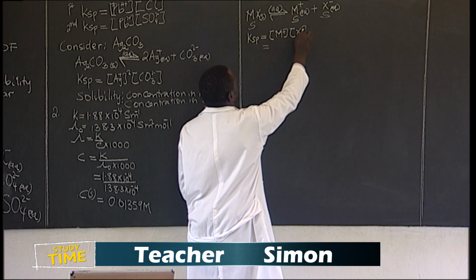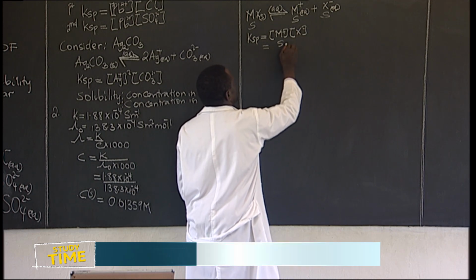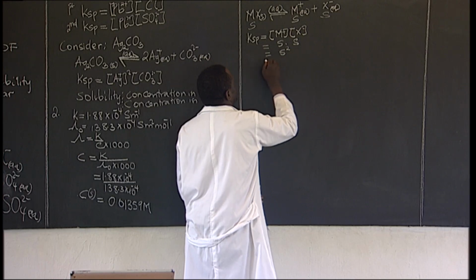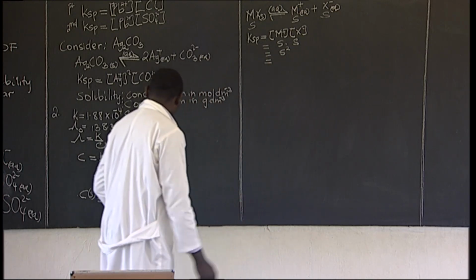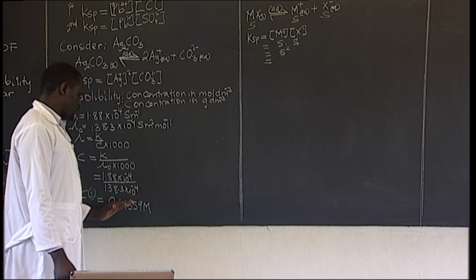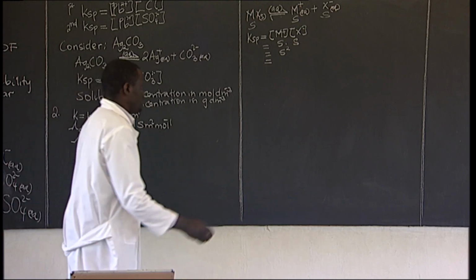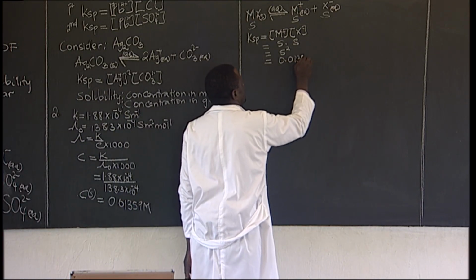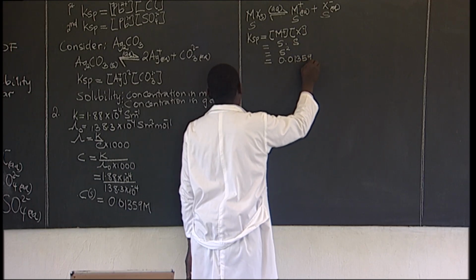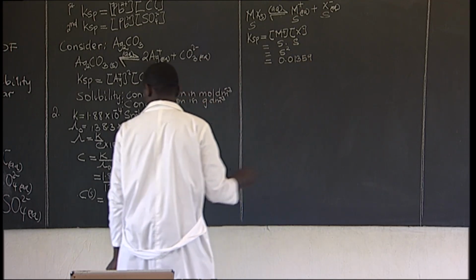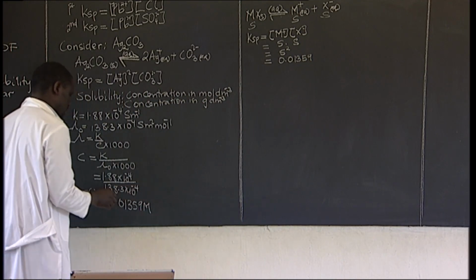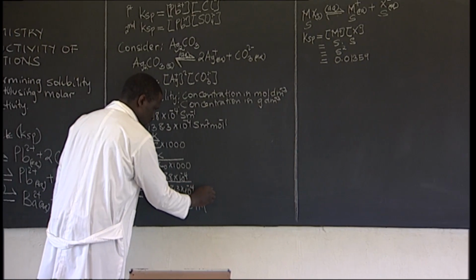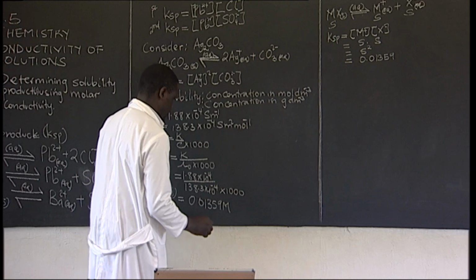It's good for us to put this. So S times S, so Ksp is equal to S squared. But we said our S is equal to 0.01359. So here we shall put 0.01359. But I think we forgot something here, because we're supposed to have 1,000.